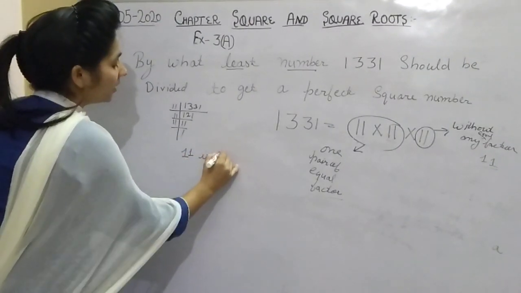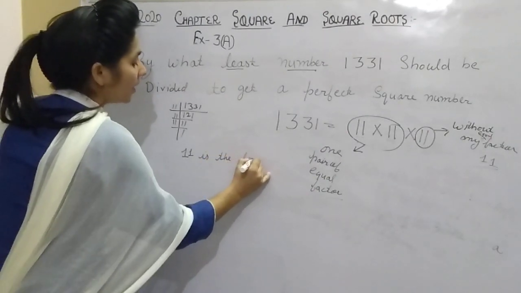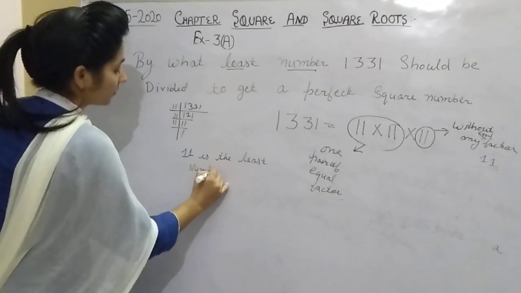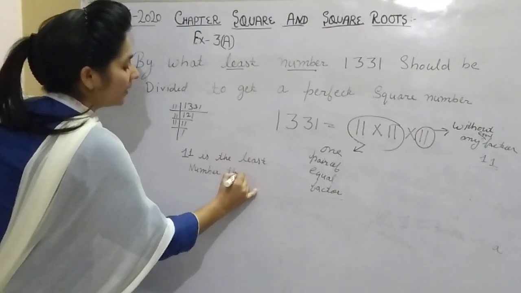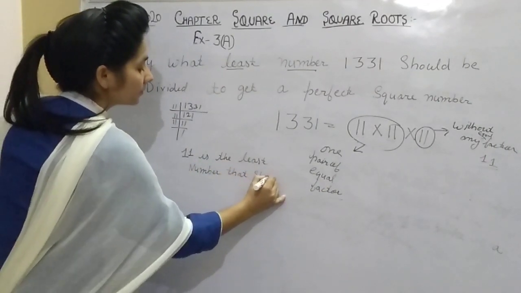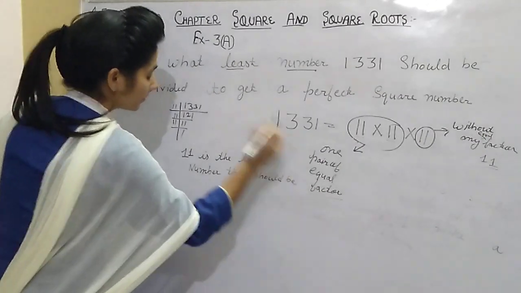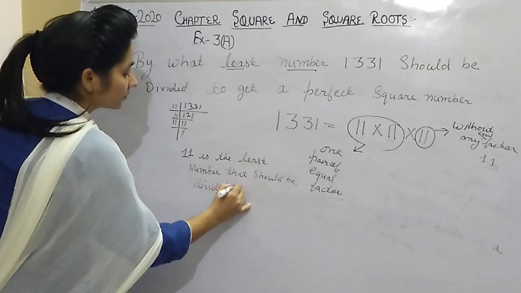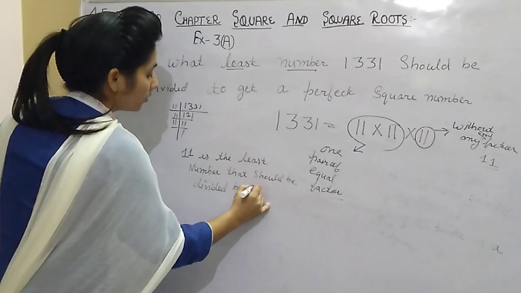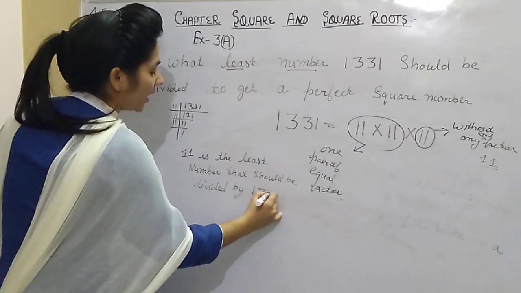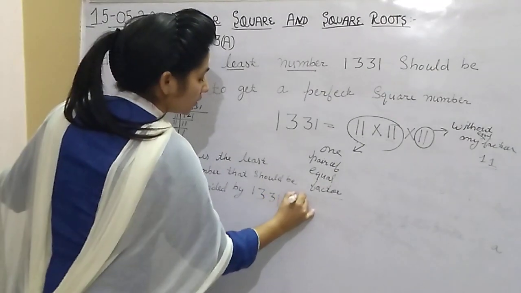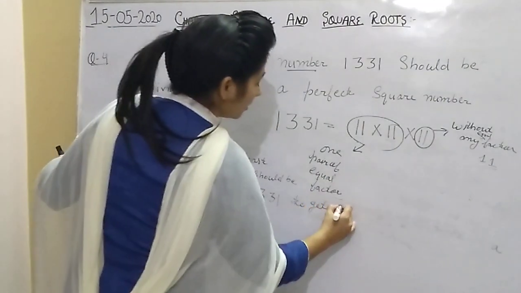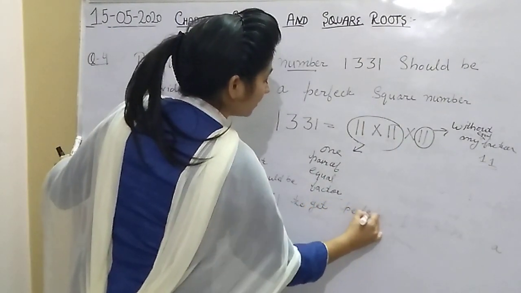11 is the least number by which 1331 should be divided to get a perfect square number.